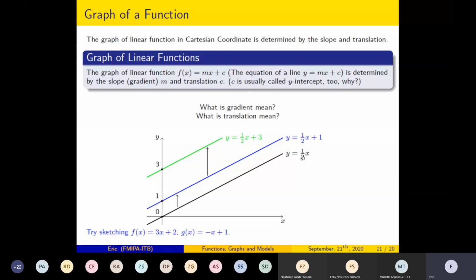Why? Because when we substitute 0, it becomes 0. So y = mx should always pass through (0, 0), the origin. And a half x + 3 is just a half x translated along the y-axis, 3 points upward.